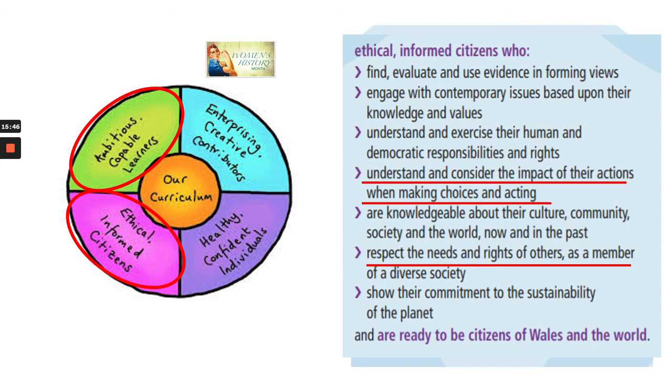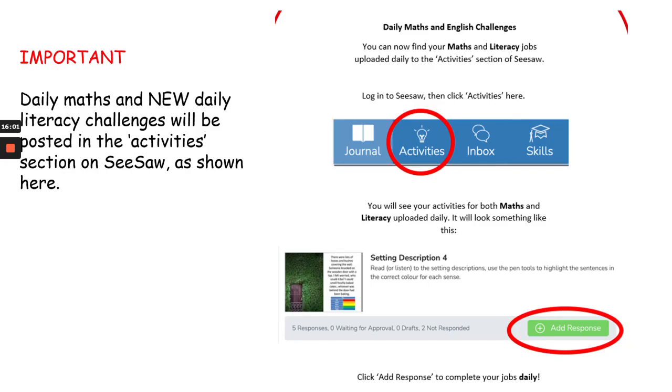Just a little note before I go, a really, really important note. A little bit of a change this week. You now have daily maths and new daily literacy challenges. And instead of on the blended learning menu, we are going to be posting these daily in the activity section on Seesaw, which you can see here. This little guide is on the blended learning menu as well.